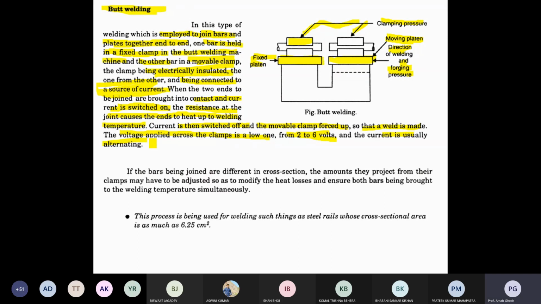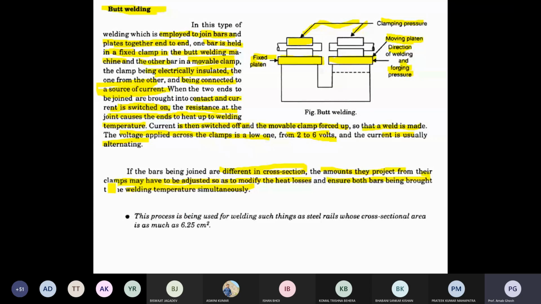What happens if they have different cross sections? The amounts they project from their clamps may have to be adjusted so as to modify the heat losses and ensure both bars are brought to the welding temperature simultaneously. If the sizes are not the same, the process is still the same; whatever portion is connecting will be connected.